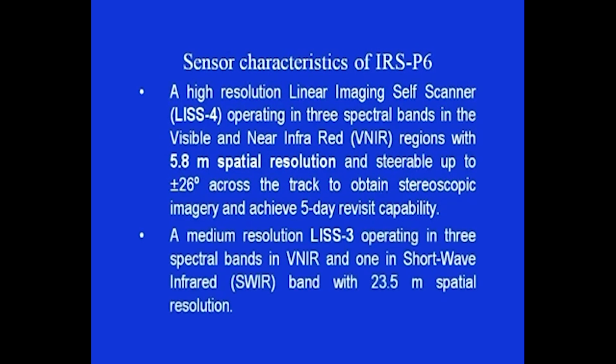The medium resolution LISS-3 operating in the three spectral bands in visible and near infrared region and one in the shortwave infrared region with a spatial resolution of 23.5 meters.